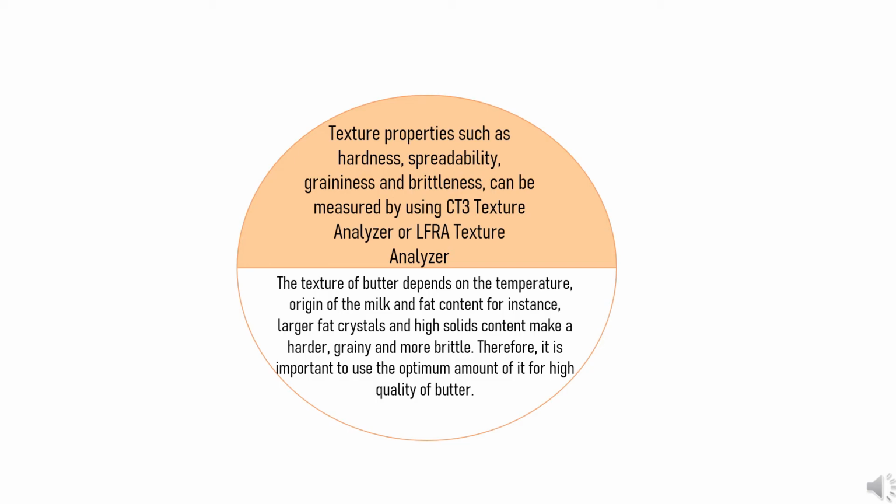It depends on the temperature, origin of the milk, and fat content. For instance, larger fat crystals and hard solids content make it harder, grainy, and more brittle. Therefore, it is important to use the optimum amount of it for high quality of the butter.